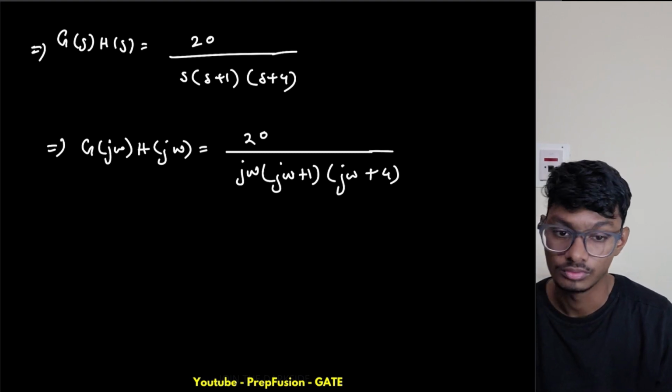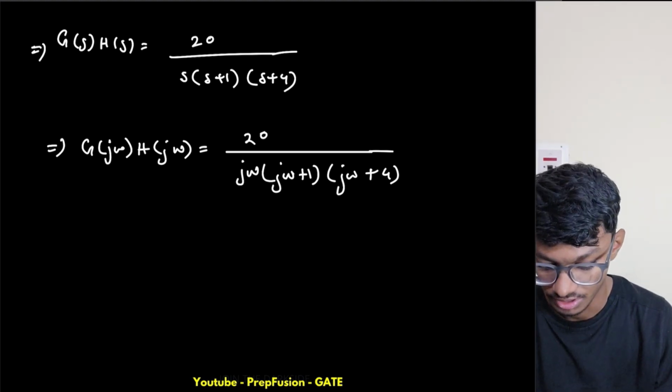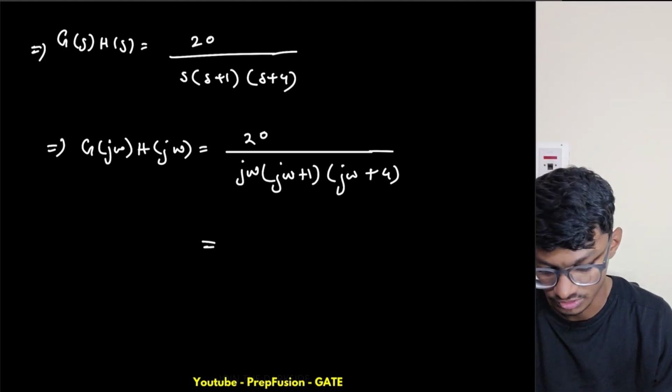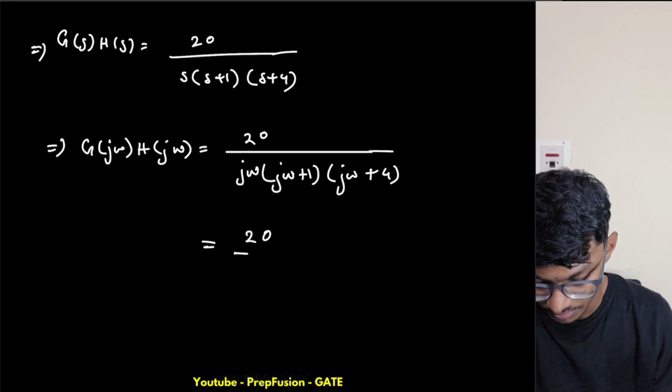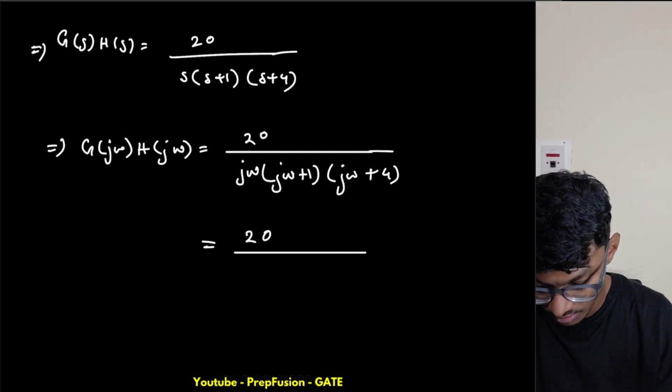Now what you do is multiply. You would have multiplied the s square also, that is fine, but you simply multiply. What do I get? So this is j omega.